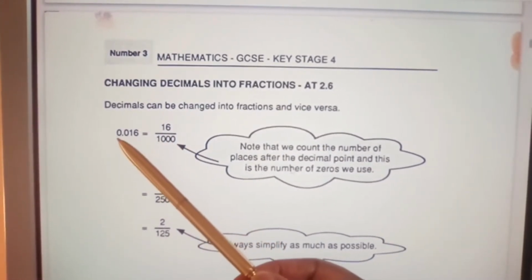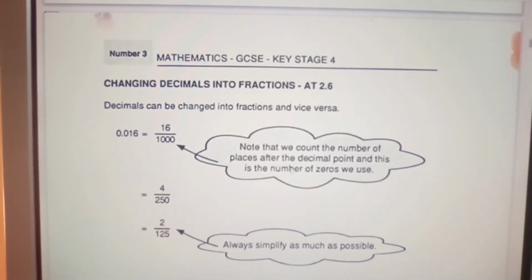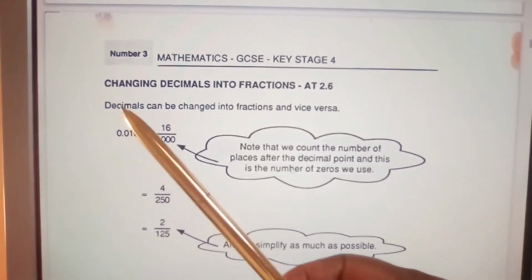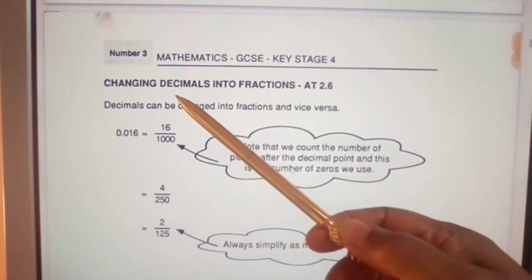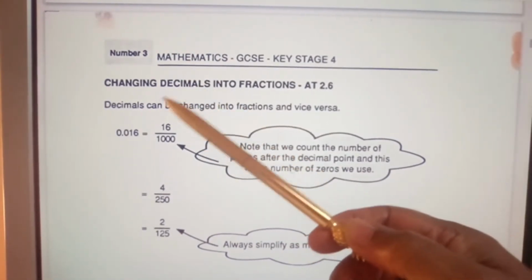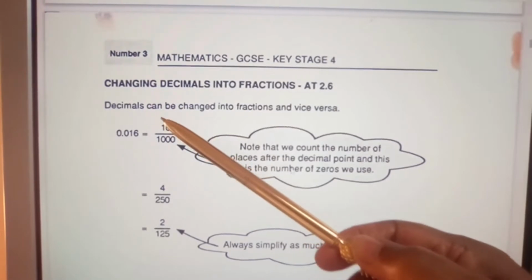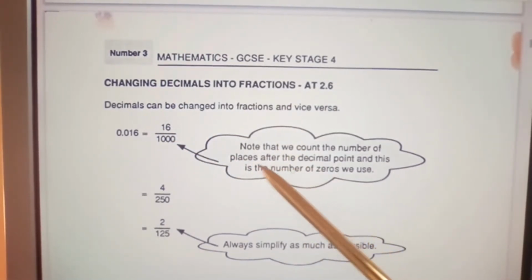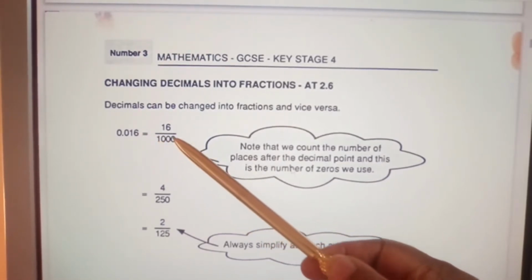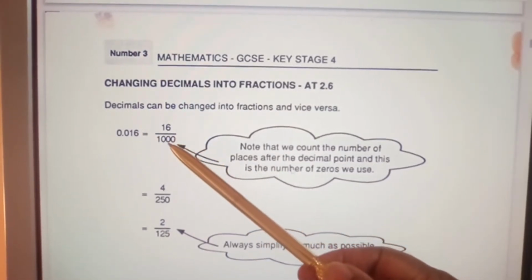Now this is session 2 in regards to GCSE mathematics. Sorry about that, I should have mentioned that before. If you need to look at session 1, which is before this session 2, it's already in the GCSE folder. So here we are, 16 over 1000.